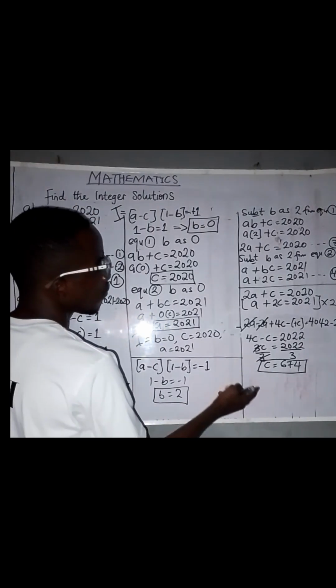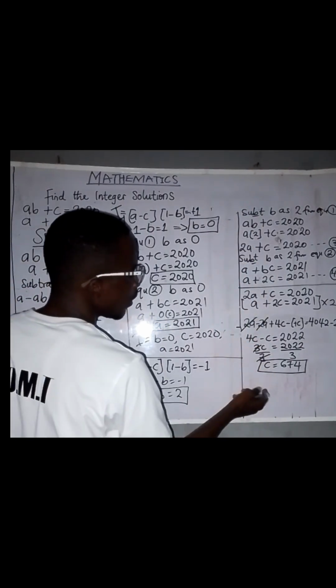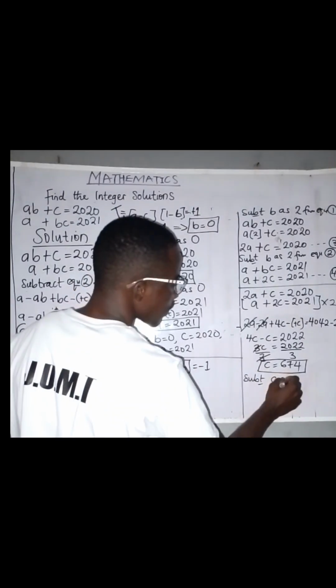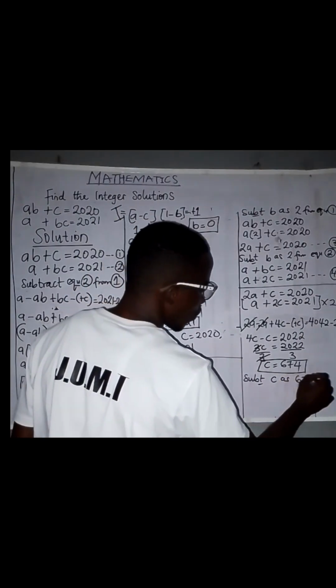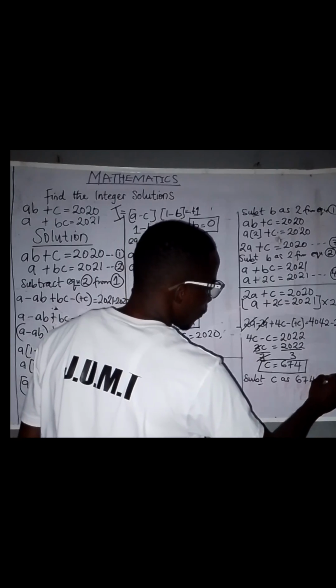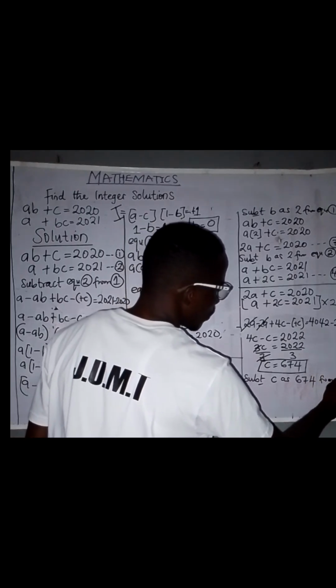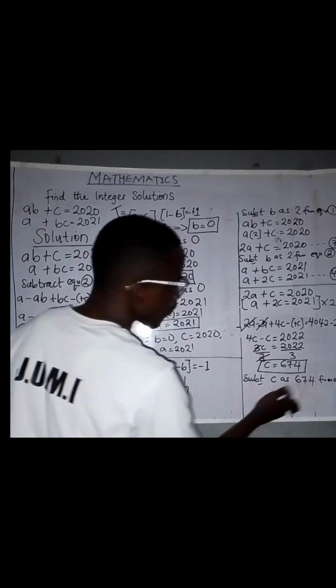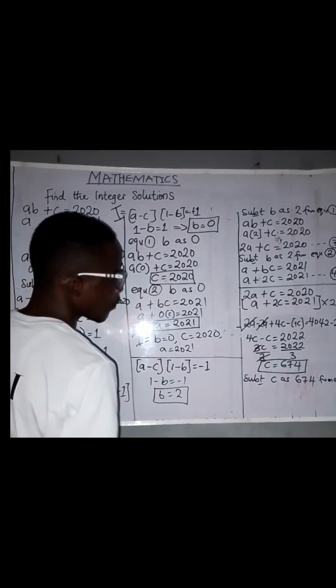So now for me to get my value of A, I'll substitute C as 674 from equation 3, which is this. So this is my equation 3. I'm substituting C as 674. Let me read my equation 3.